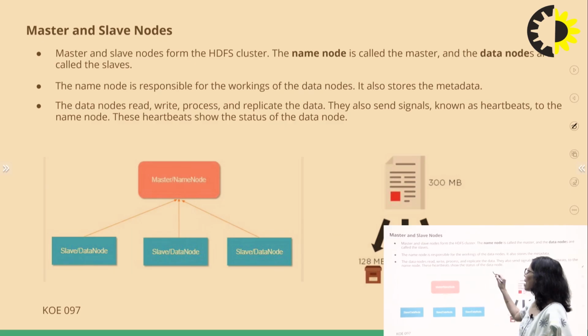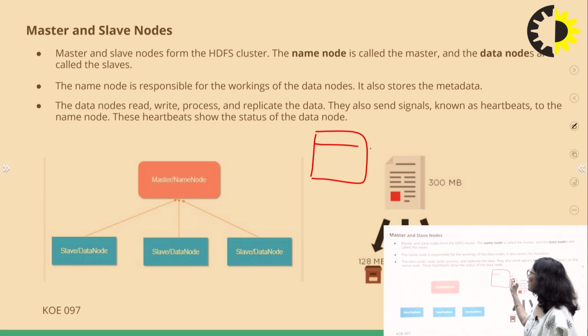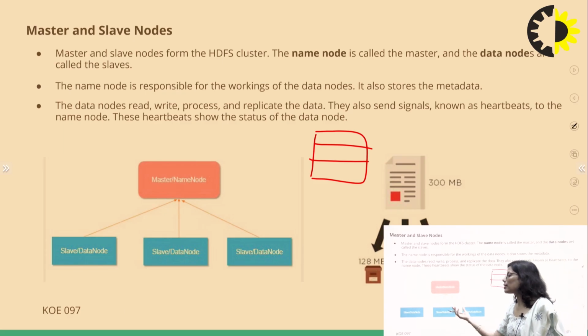Suppose a data has come to the master node. The master node will divide the data into multiple chunks and save it in the various data nodes. It will also keep a note of which block is present at which data node. That is the functionality of the name node.